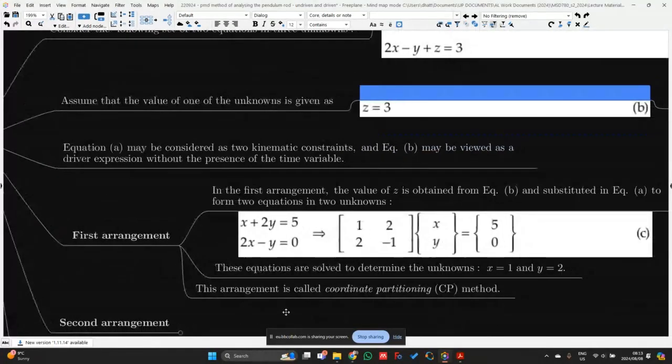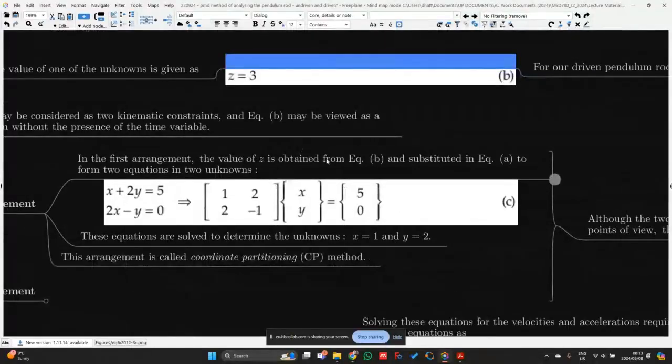So our first arrangement is that the value of z that we obtain from equation B can simply be substituted into equation A. So then we end up with these two equations. We can write it in matrix form, and we can solve for x and y. So this arrangement is then known as the coordinate partitioning method, or CP method.